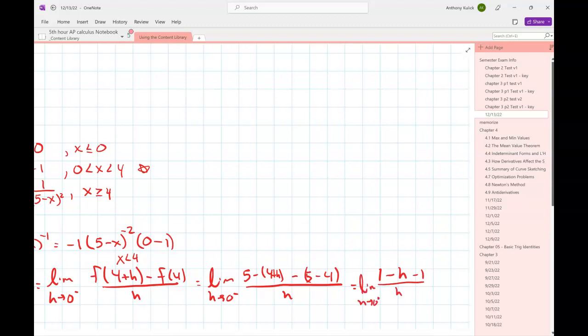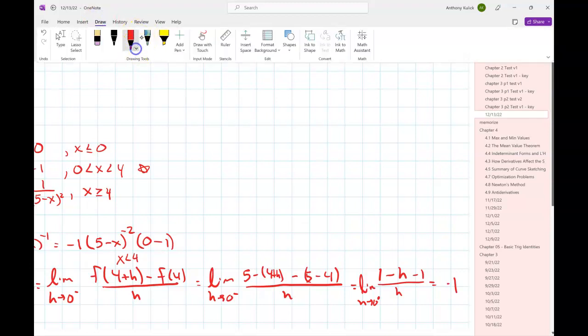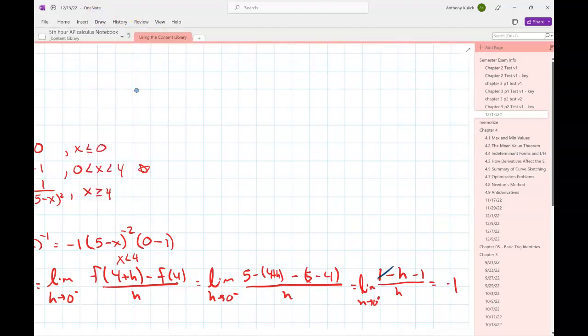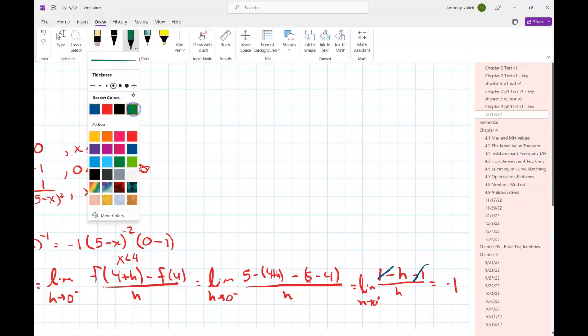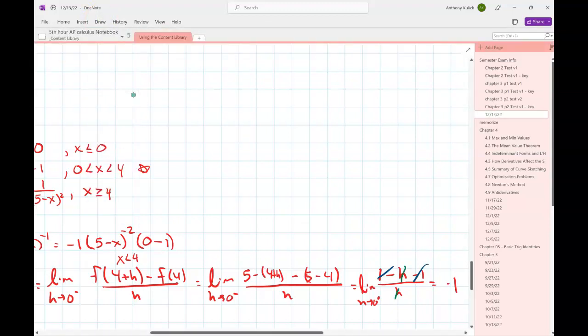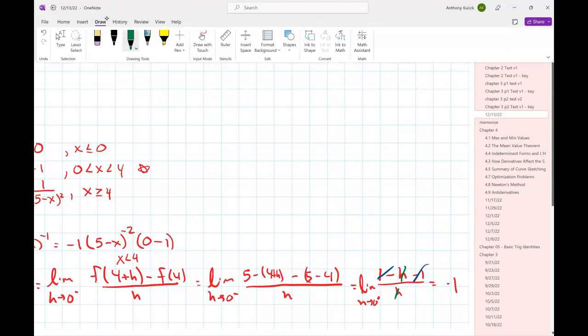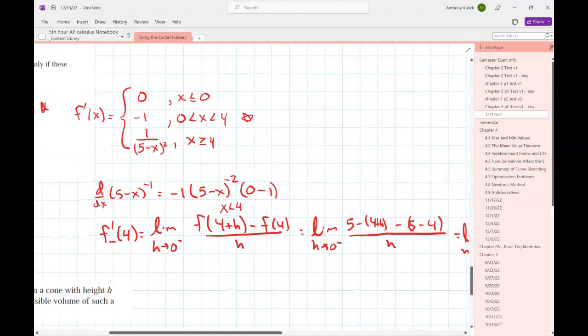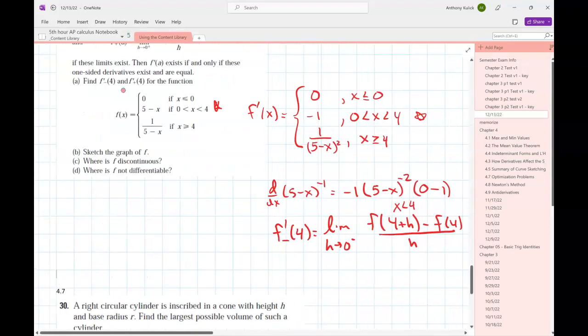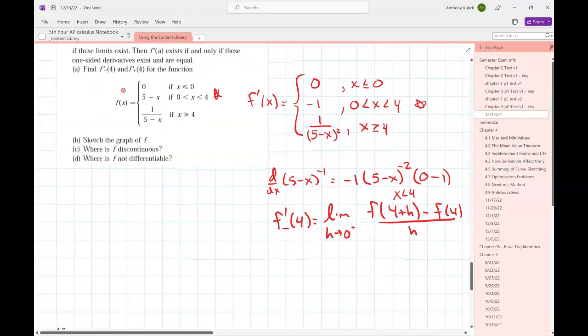Can't forget that. So when I do that, I just get negative 1. I don't even need to really evaluate the limit because the 1's are going to cancel out. And then the h's reduce, and we're just left with negative 1, and the limit of a constant is just a constant. Okay, and then we'll do the other one here. Make some space for myself.